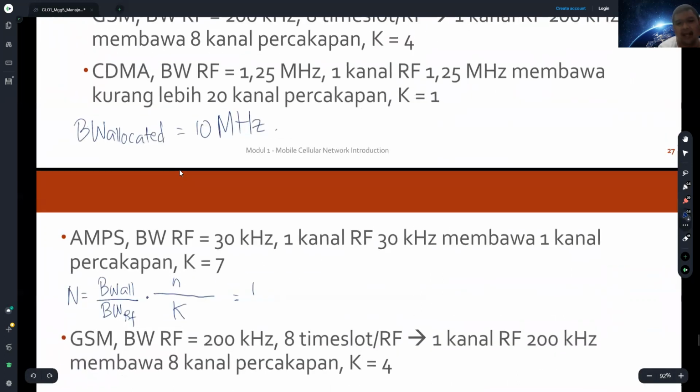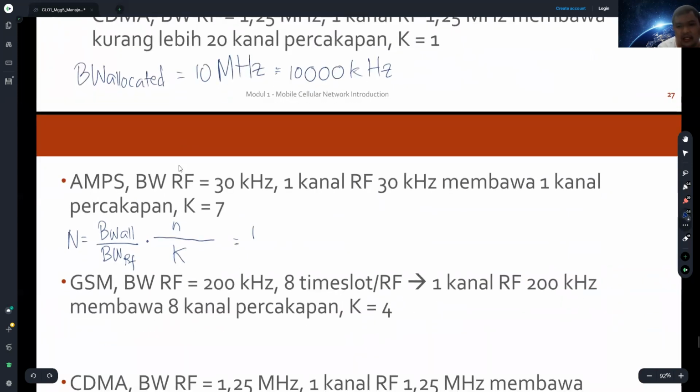If you're talking 10 megahertz, then it will be equal to 10,000 kilohertz, divided by bandwidth RF of the AMPS, which is 30 kilohertz, times.